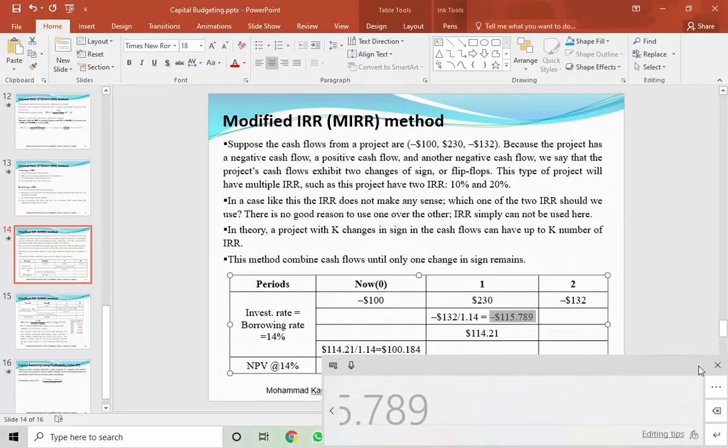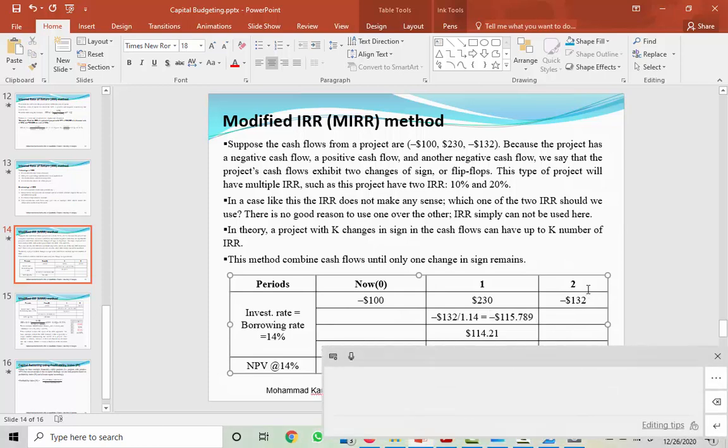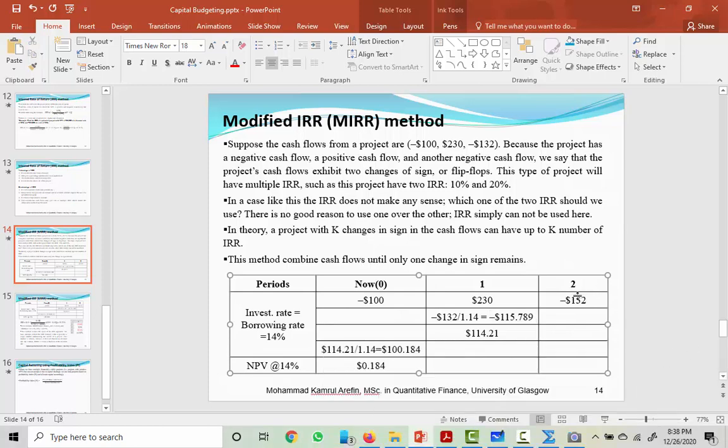Minus 115.789. So we have brought this cash flow to period 1. Now we have only these two cash flows. This is the cash inflow, and as you can see, this is a cash outflow.